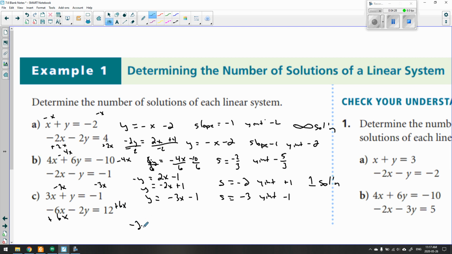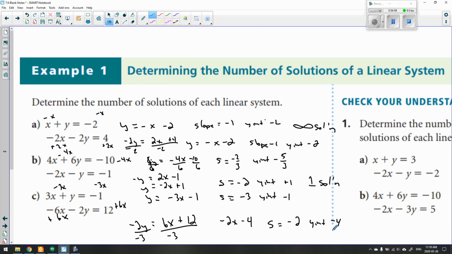Get negative 2y is equal to 6x plus 12. We're going to divide by negative 3. We're going to get negative 2x minus 4. Slope is negative 2. Y-intercept is negative 4.